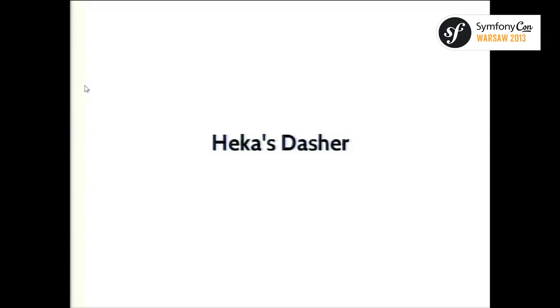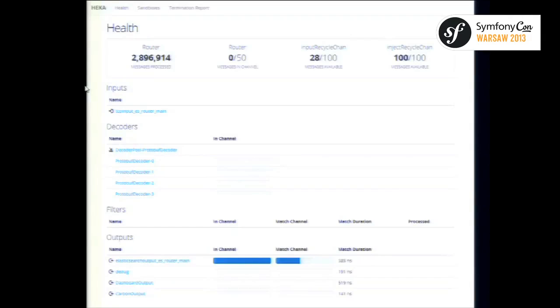Then the other dashboard I have is Heka. It has its own dash thing, which is called Dasher. I didn't play a lot with it, so right now I just have the standard setup, showing how many messages were processed and the amount of free space in the pipelines you have.